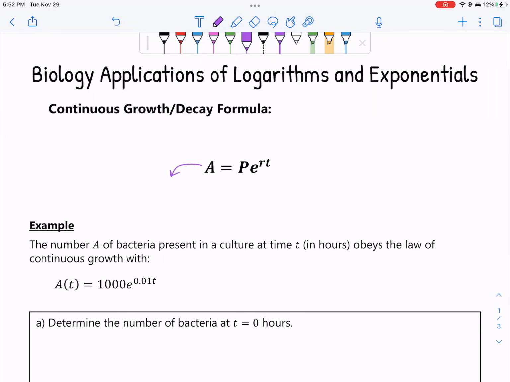The A is still like the total amount, right? A is always the total amount. In the case of population, that would be the total population. This is still the accumulated amount.